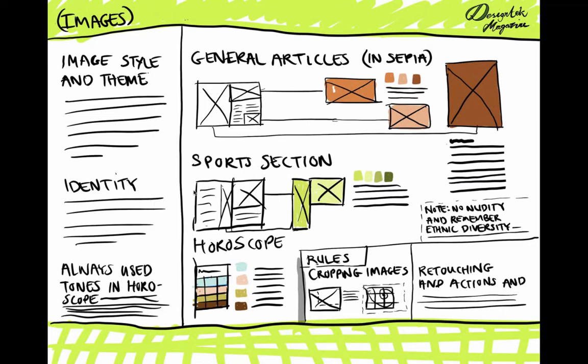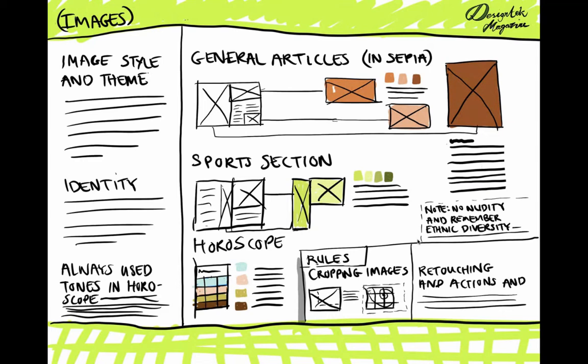So simply describe the style of the images, which filters are being used, how they're cropped, if it's zoomed in a specific way, and not just for the entire magazine, but perhaps also for specific sections inside of the magazine.